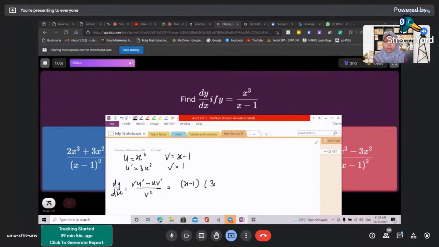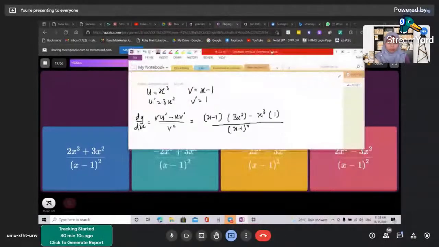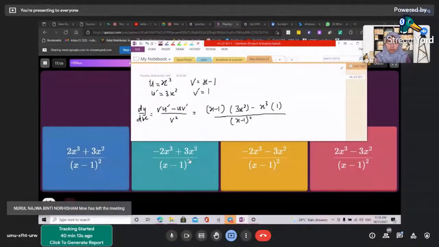So you can substitute. U prime is 3x square, U is x cube, V prime is 1. And then you divide by (x minus 1) square. Okay, so we can compare with the answer. You need to simplify.